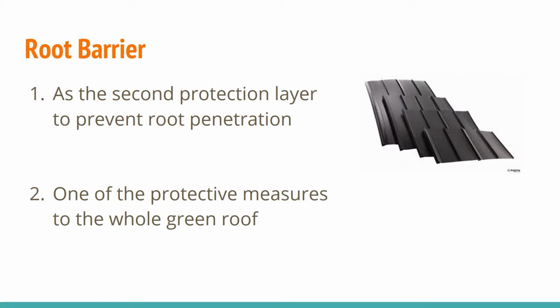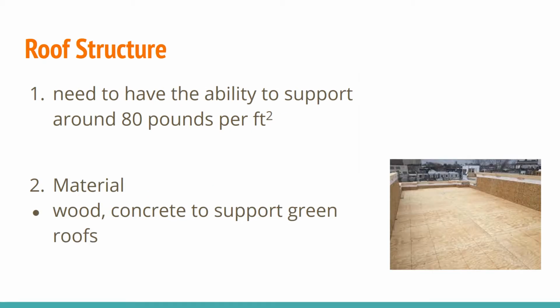Root barrier is also one of the protective measures of the green roof. If the primary waterproofing system, which means the waterproof membrane, is not resistant to root penetration, the root barrier can act like a secondary membrane to protect it. Roof structure.